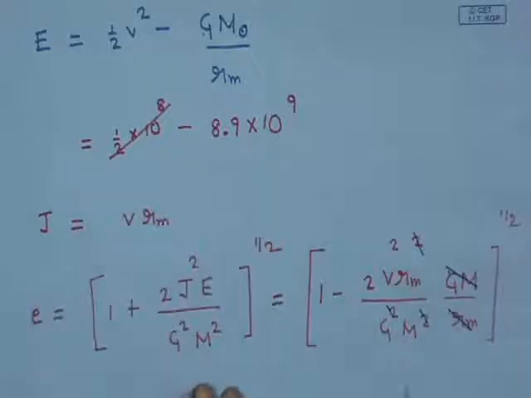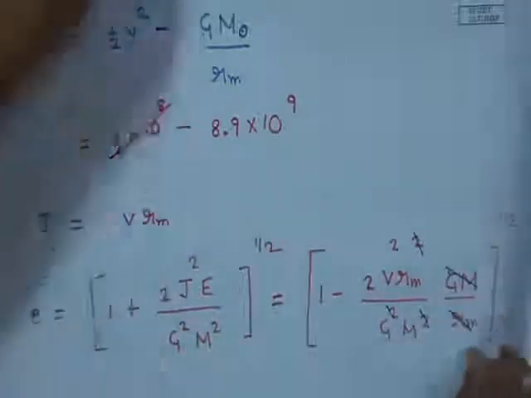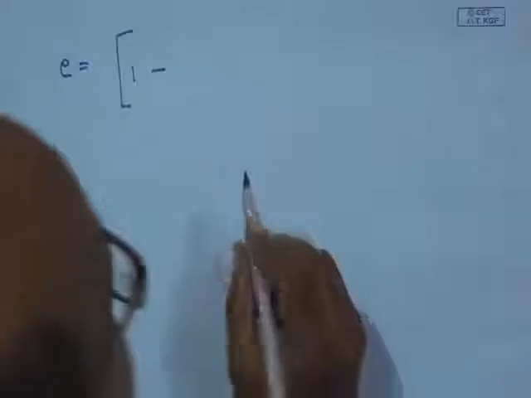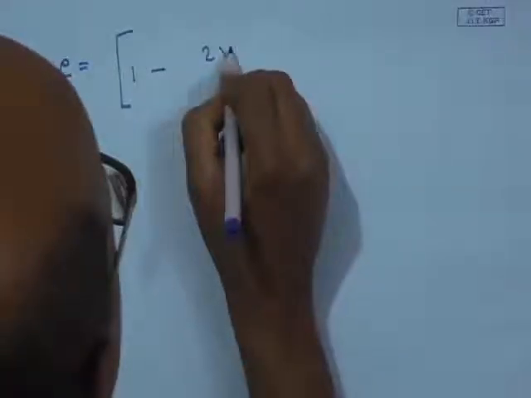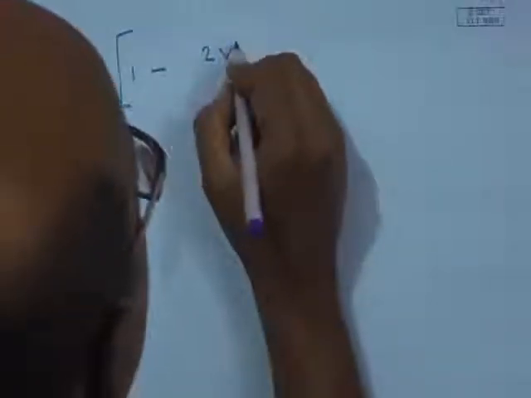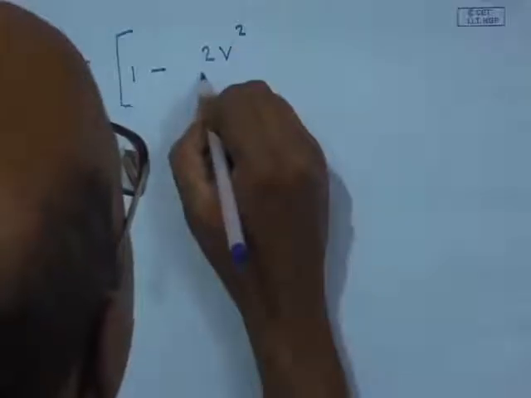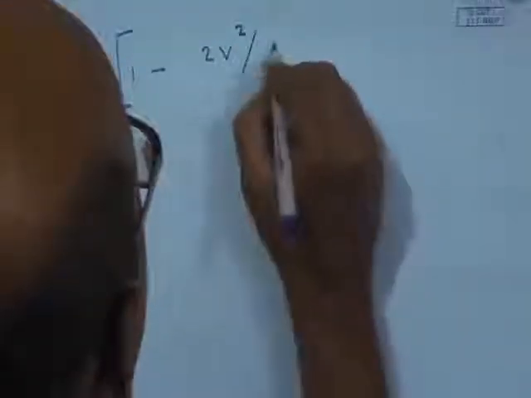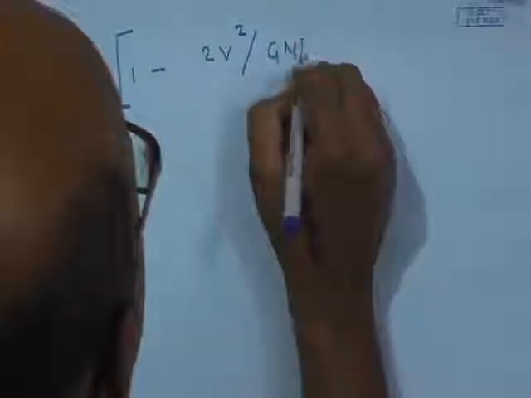So, what we are left with is that the eccentricity e is equal to 1 minus 2 v square divided by G M by r m.